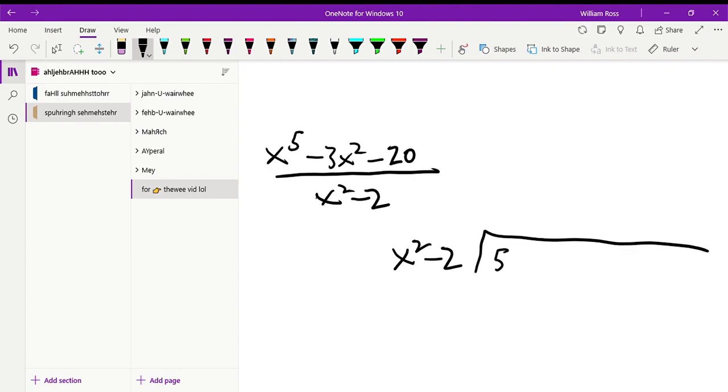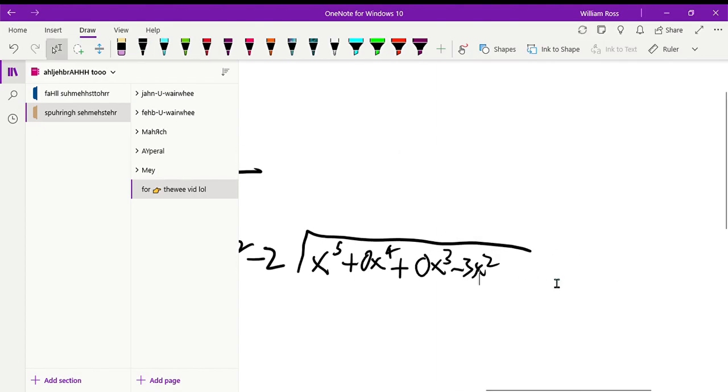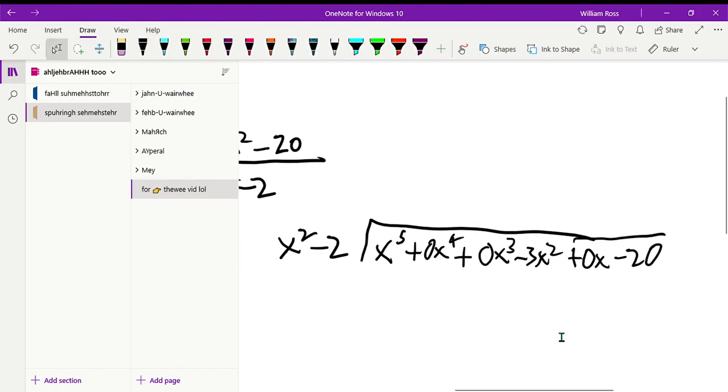So we would have x to the 5th. Now what we have to do here is what my teacher likes to call dummy zeros. So we'll have 0x to the 4th plus 0x cubed minus 3x squared plus 0x minus 20. Let me just extend that there.